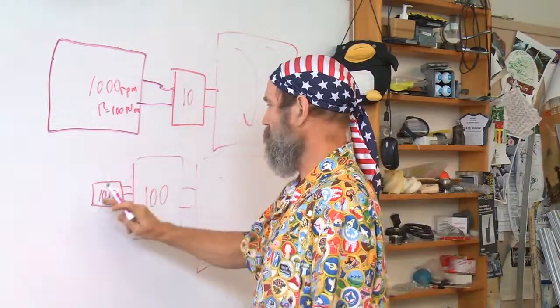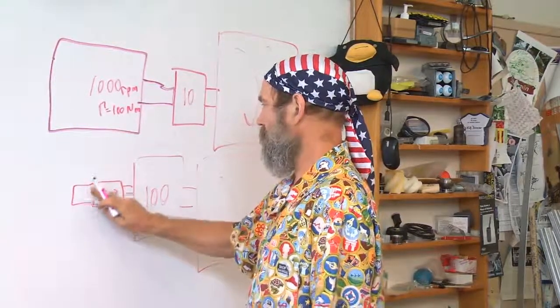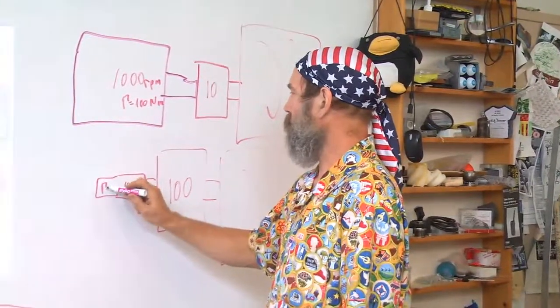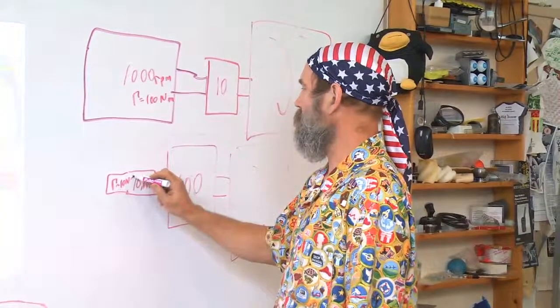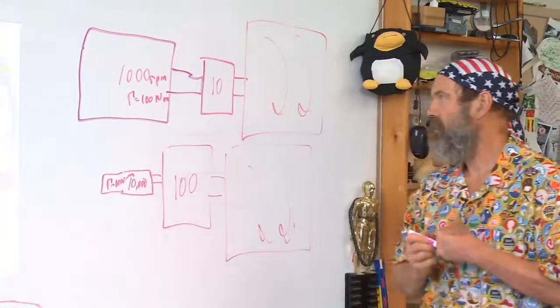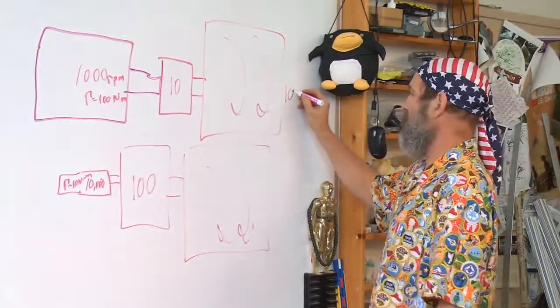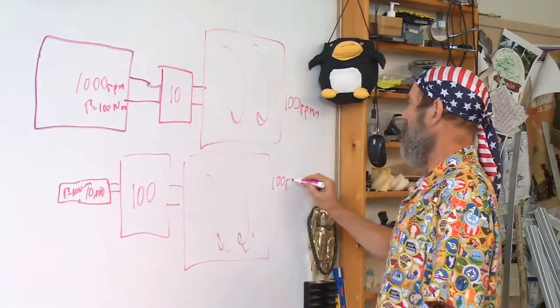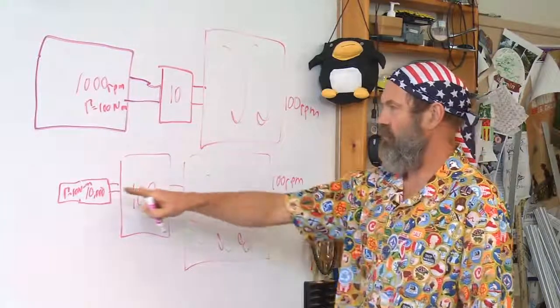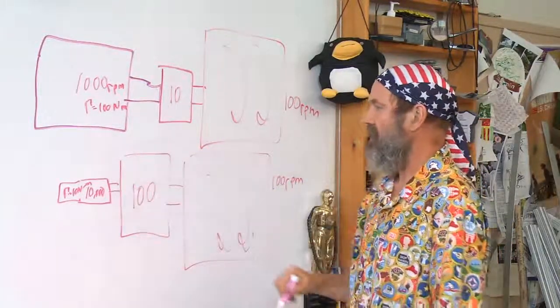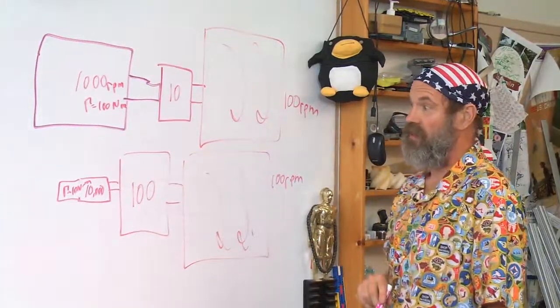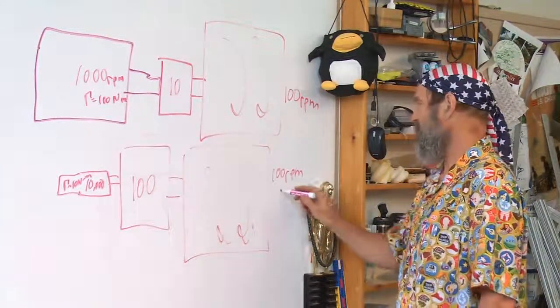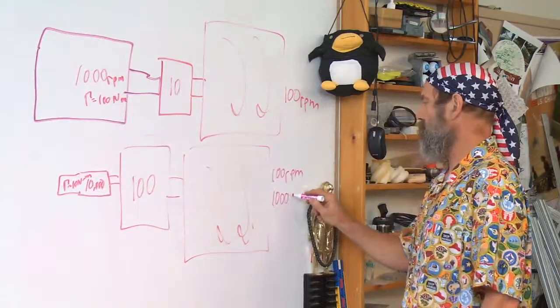And down here, need a little longer motor, the torque is 10 Newton meters. And the output here is this 100 RPM we were talking about. 100 RPM. And the torque would be 100 times that. What's 100 times 10? 1,000 Newton meters.